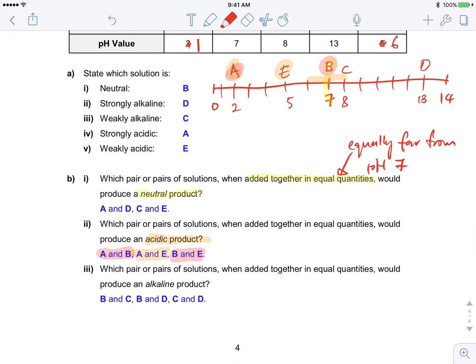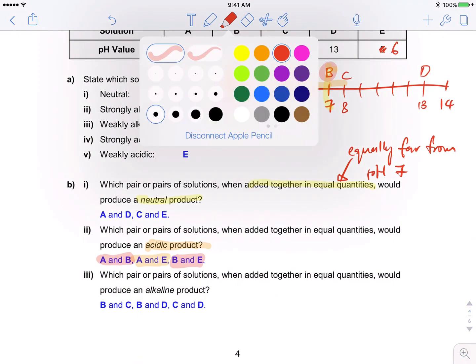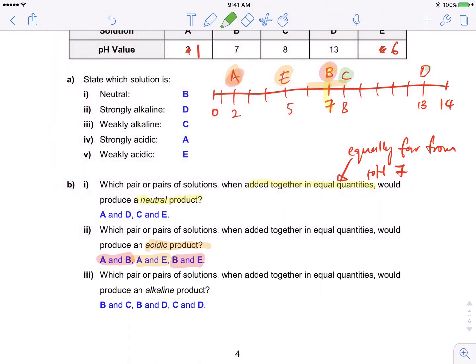Which pair will give me an alkaline product? We have the same argument where C and D, alkaline plus alkaline should still give me an alkaline solution. Neutral plus alkaline, neutral plus alkaline.